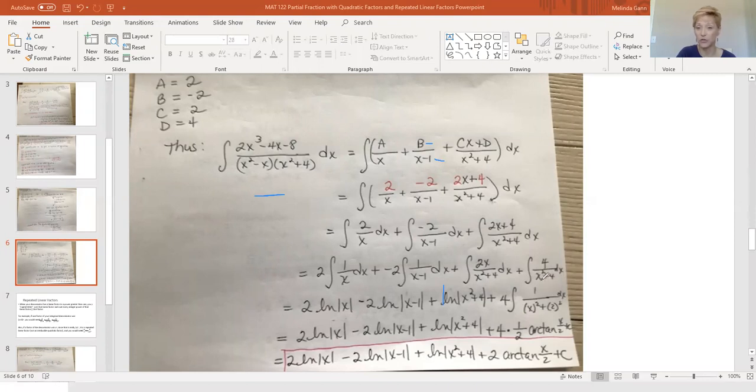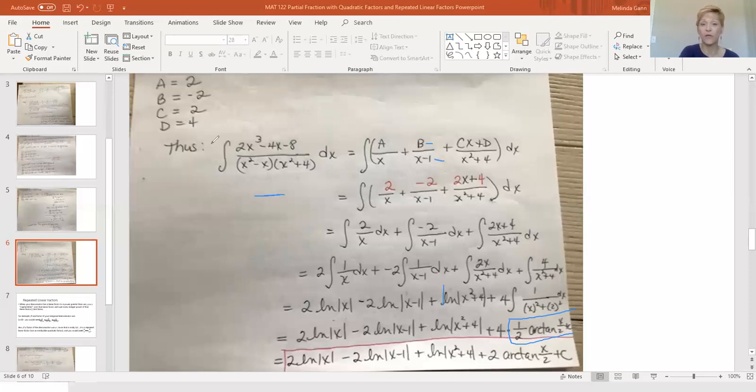So that means that your u is an x and your a is a 2. Remember, you need dx on the top, the differential, but the derivative of x is 1. To get this part right here, I went back to the book and found my arctan formula, which is 1 over a. Remember, we said that a is the number that you're squaring. Arctan of u, and my u was x, over a was 2, plus c.